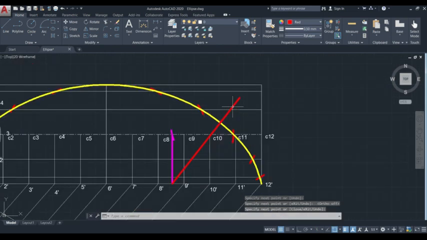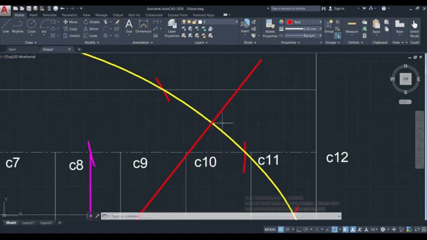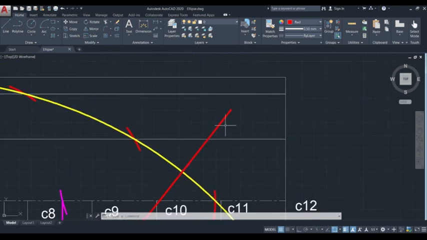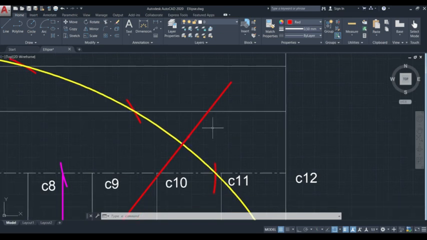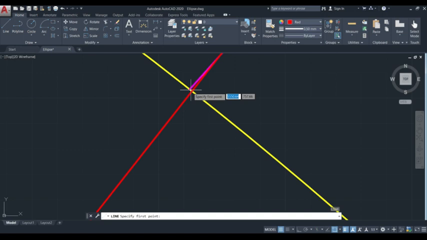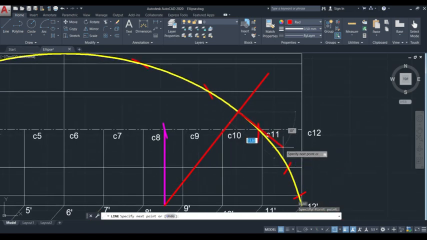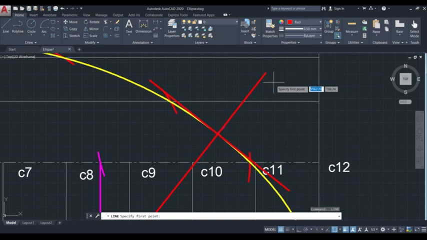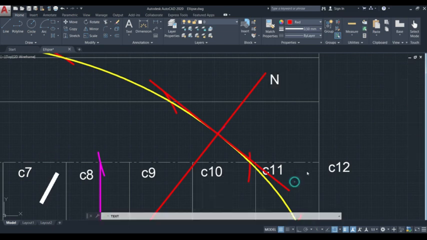This particular line drawn from this point to the point we have taken is known as the normal, and when we draw a line which is perpendicular to this normal, we will get the required tangent. So this is the required normal. Here this is the tangent.